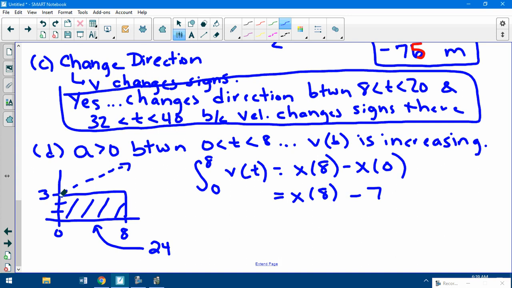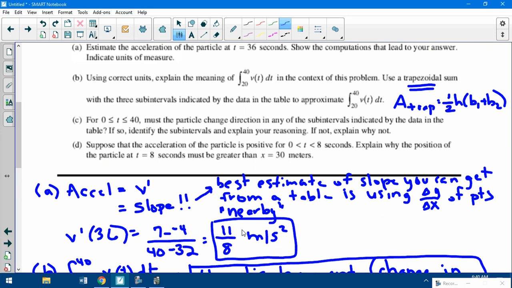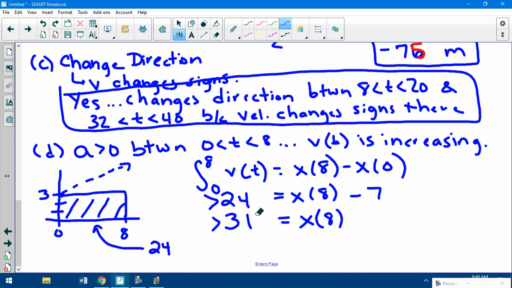So I know that the area, or the integral of velocity between 0 and 8, has to be greater than 24. 24 is the minimum it can be, because that's the lowest the velocity is on that interval, because it's always increasing. So that means if I add this 7 over, x of 8 has to be greater than 31, and I've just proved what I wanted to show. I wanted to show it has to be greater than 30 meters. Well, I proved that it has to be greater than 31 meters.